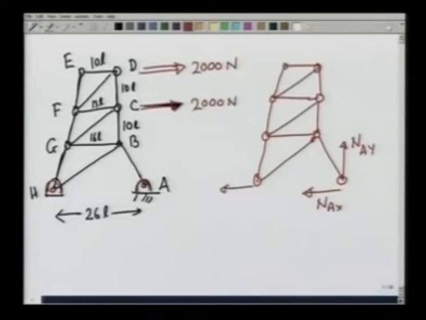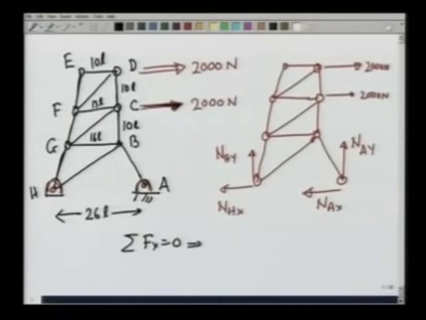Similarly, NHX is going to the left and NHY, and there is this load 2000 newtons, 2000 newtons. Then the summation Fx equals 0 gives me NAX plus NHX equals 4000.